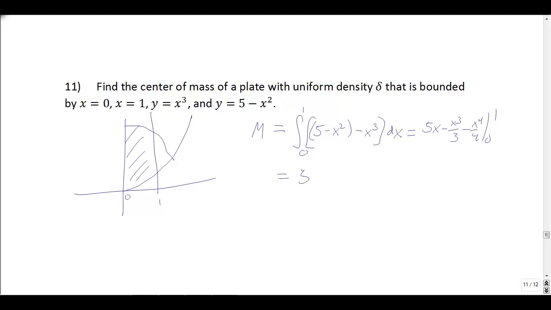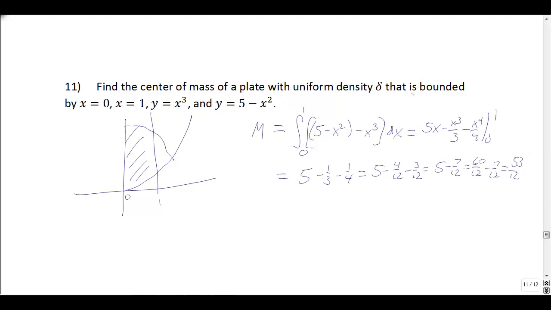So that works out to be 5 minus a third minus a fourth, and we can subtract a 0. So let's see, this is 5 minus 4 twelfths minus 3 twelfths equals 5 minus 7 twelfths. 60 twelfths minus 7 twelfths works out to be 53 twelfths. So the mass with uniform density, sorry, the area would be 53 twelfths.